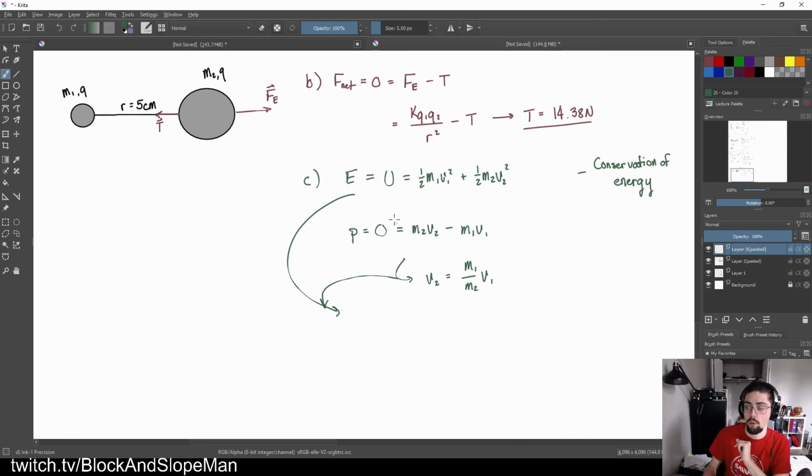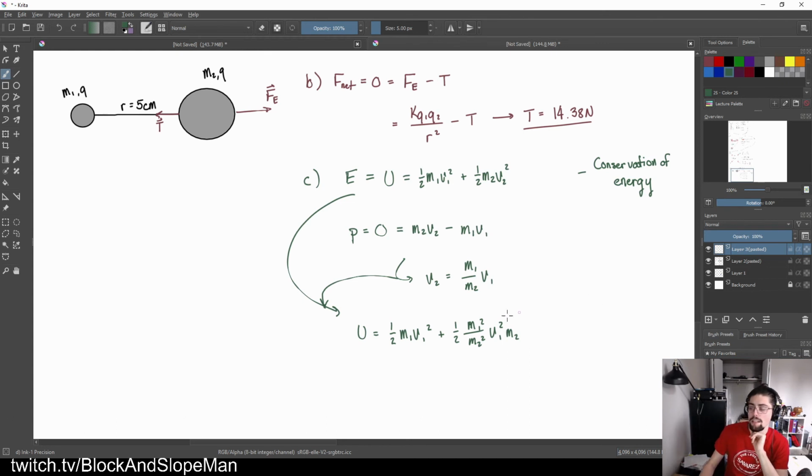So solve out for V2. Let's go back to my energy equation. Let's plug it in. What do we get? And I'm leaving this as U because this is a number for me at this point, right? I don't need to do anything else to that. So that total energy must be equal to 1/2 m1 v1 squared plus, now this is where it gets a little bit nasty, m1 squared over m2 squared v1 squared times m2.